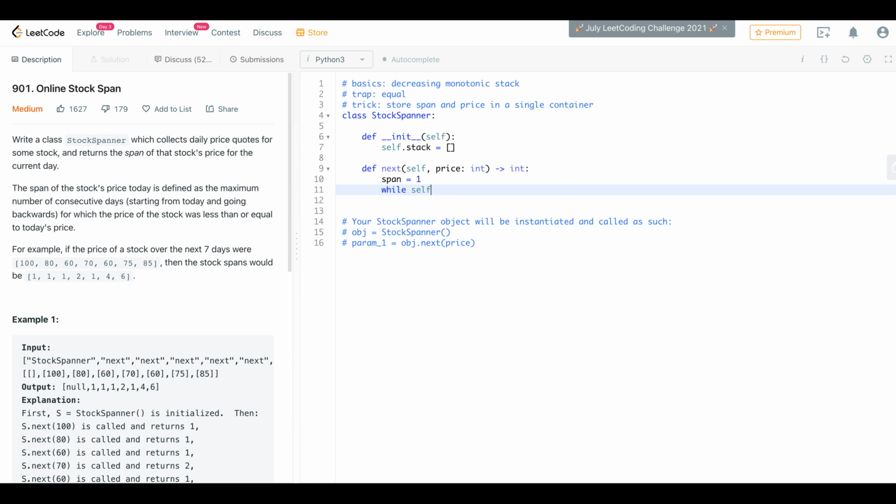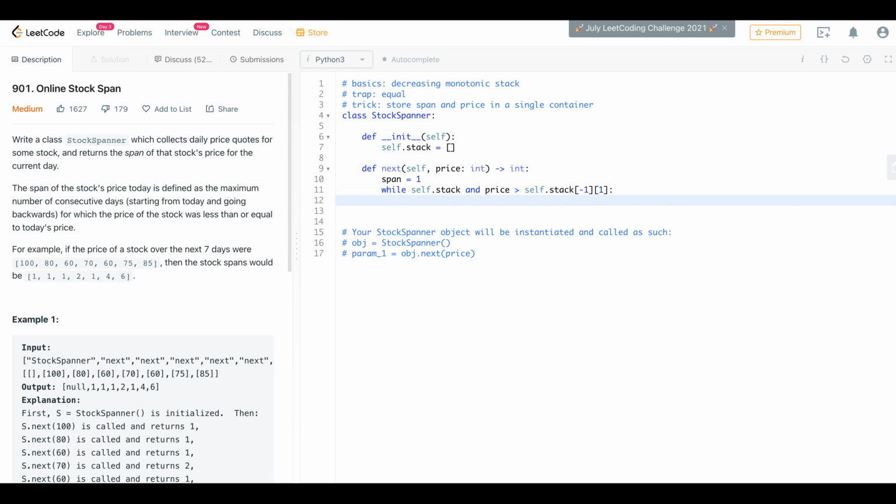So if self.stack, don't forget to check this, and the current price has to be higher than the previous one. I'll show you why there's an extra 1 later.